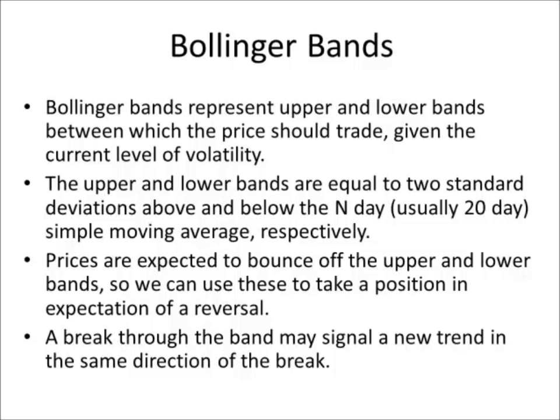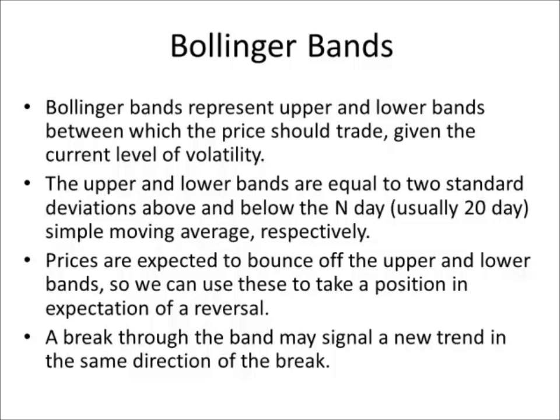Okay, now you see these two lines here. If you follow my cursor from the beginning, we have a red line on the top, which is the upper band, and a red line on the bottom, which is the lower band. And this now represents the band between which prices should remain. Now if we just look at the prices, what we'll see is that most of the time it stays in this band.